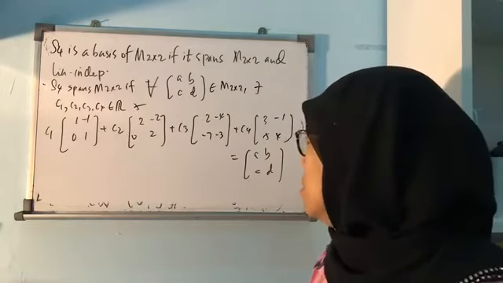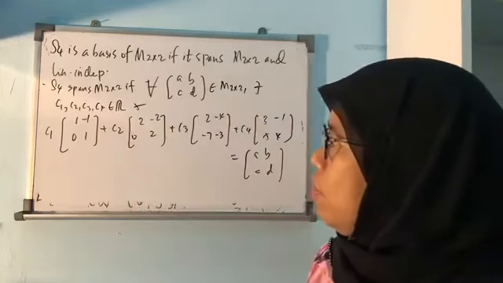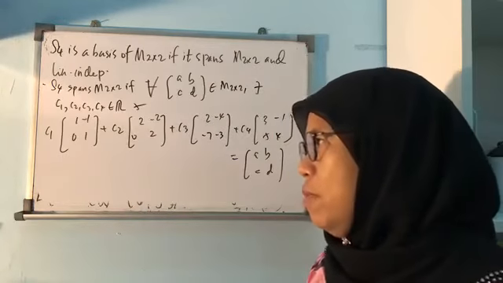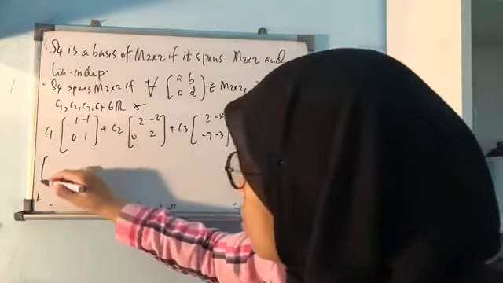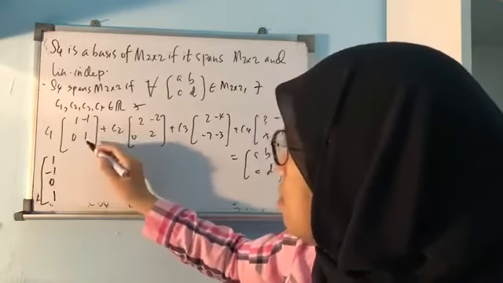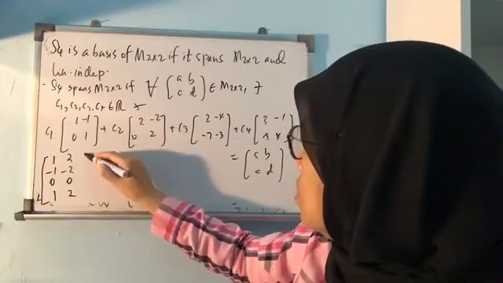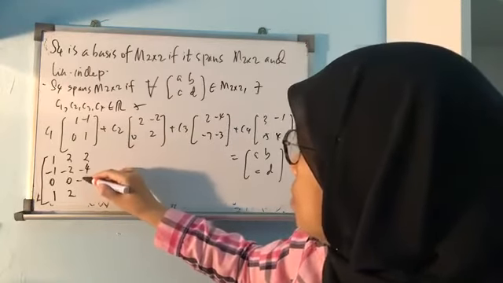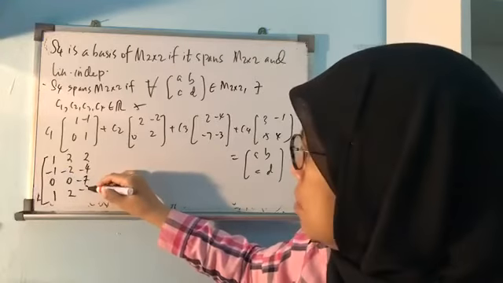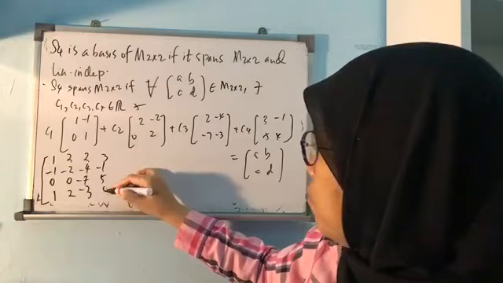Okay, now we need to find C1, C2, C3, C4. This is chapter 2. For matrices, you can do this. 1, negative 1, 0, 1. 2, negative 2, 0, 2. 2, negative 4, negative 7, negative 3. 3, negative 1, 5, 6.